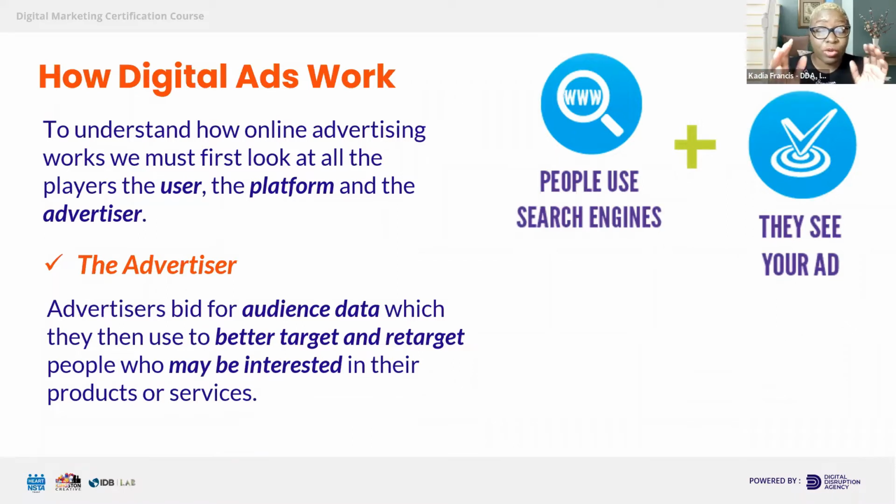The user gets access to the platform in exchange for giving the platform personal information and their attention. The platform collates that information, uses algorithms to track you, to understand your behavior, all of that. They gather that data, analyze that data, and turn that into insights and trends that they then sell to advertisers, who can take the insights and trends data and turn that into audiences that they can then target.